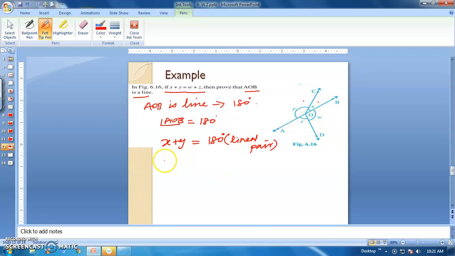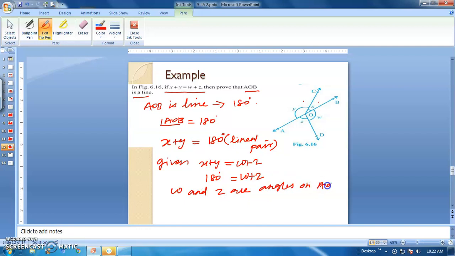And what is given? So given x plus y equal to w plus z. Okay, so x plus y is nothing but 180 degree and equal to w plus z. Now what about w plus z? So this w plus z is also 180 degree here. Okay, so the w and z are angles on AOB.